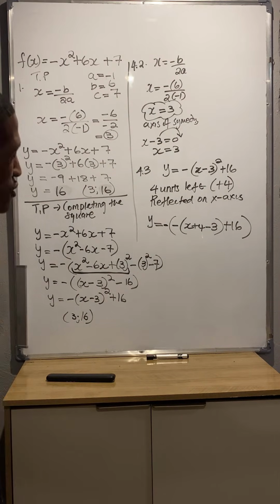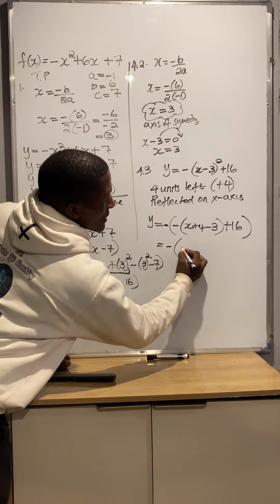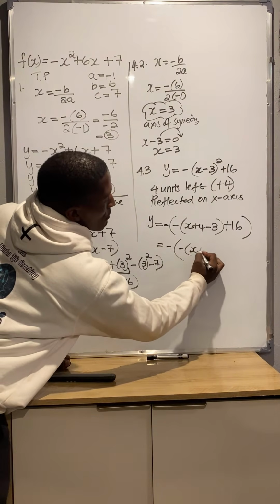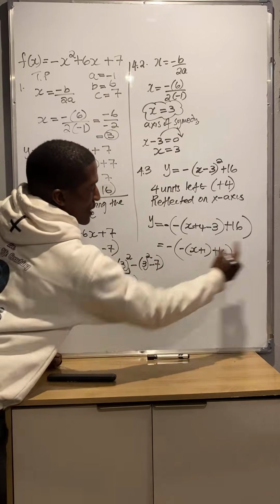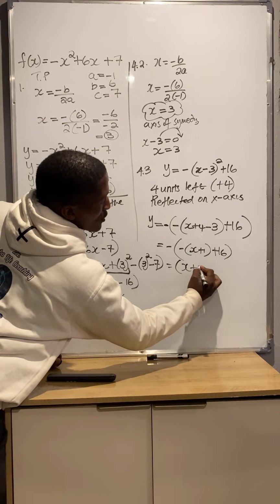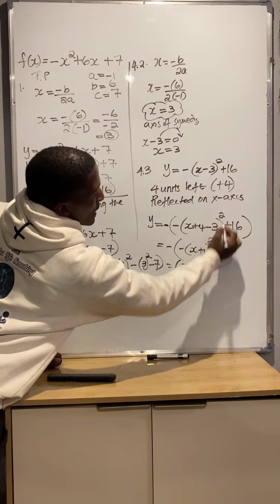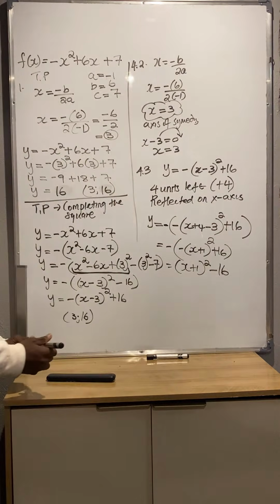negative 1. So therefore your answer is going to be negative open bracket negative x plus 1 plus 16. We multiply everything by negative, so negative multiplied by negative is going to be x plus 1 squared, then minus what? Minus 16, family.